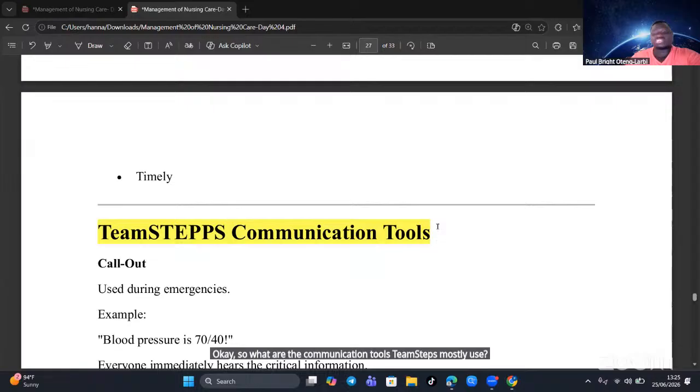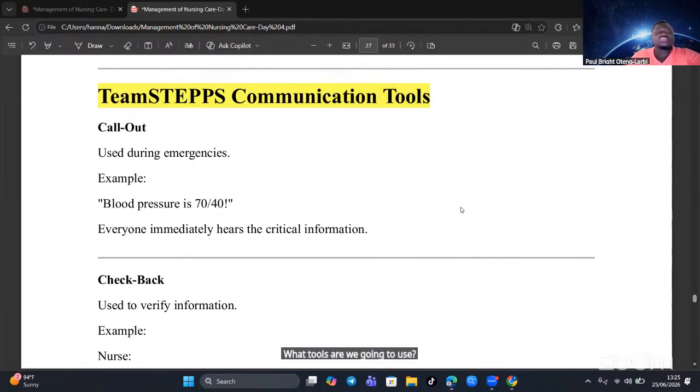After knowing all these principles, what communication tools are we going to use? One, we have the call out. When do we use call out on the ward? During emergency. When we ring the call out for rapid response, everybody, whether you went for your break or to the park, hears it.